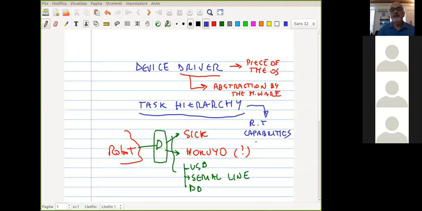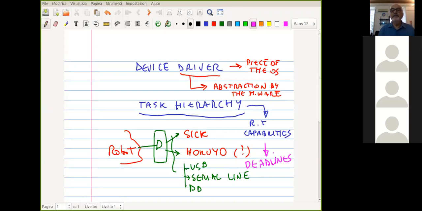Real-time capabilities means to trim your modules, your tasks, or in particular processes and threads, giving them parameters so that they can respect deadlines. The key word is deadline.